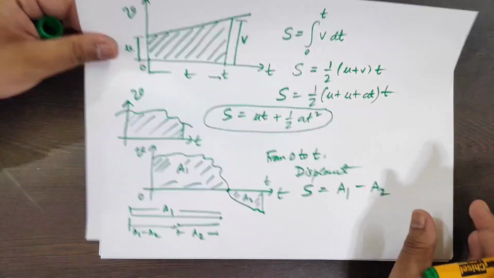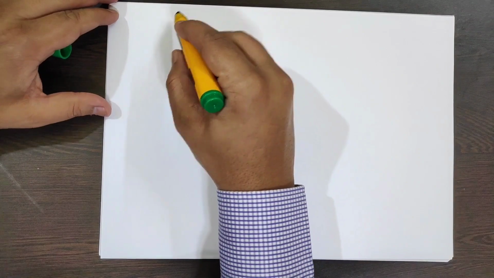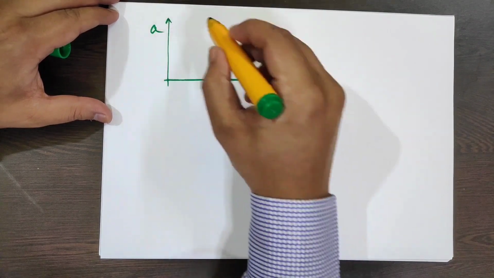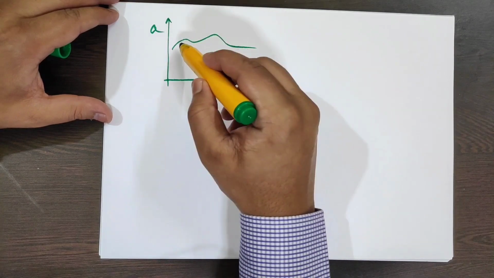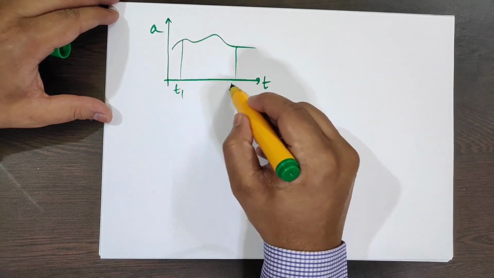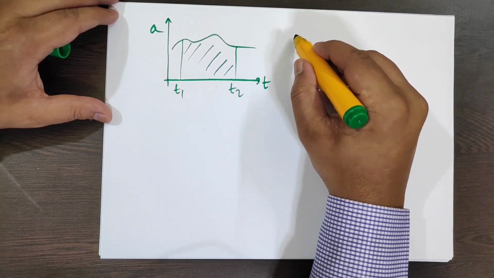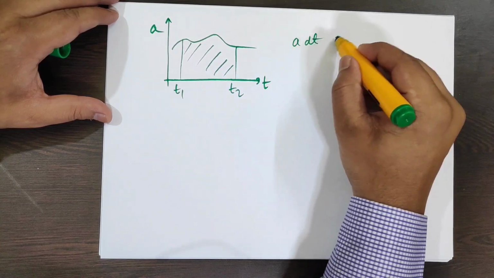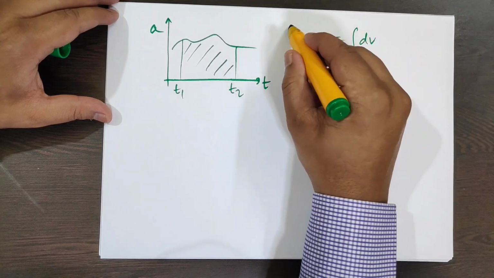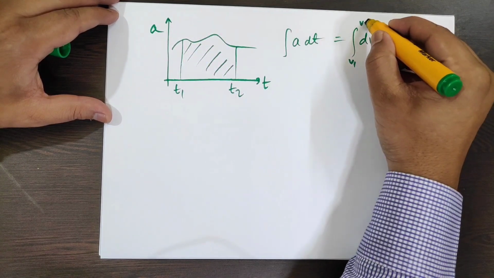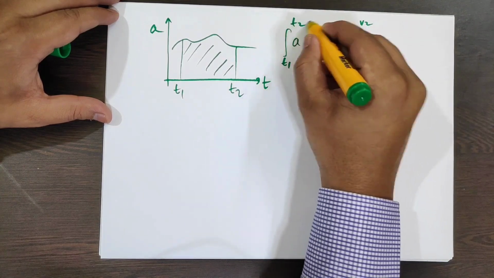Okay. And the area under the acceleration-time curve, as we know from the concept of calculus, suppose this is the a-t curve. In general, I am talking about t1 to t2, right? So a dt is equal to dv. So integration, even if a is not constant, v1 to v2, there you put t1 to t2.